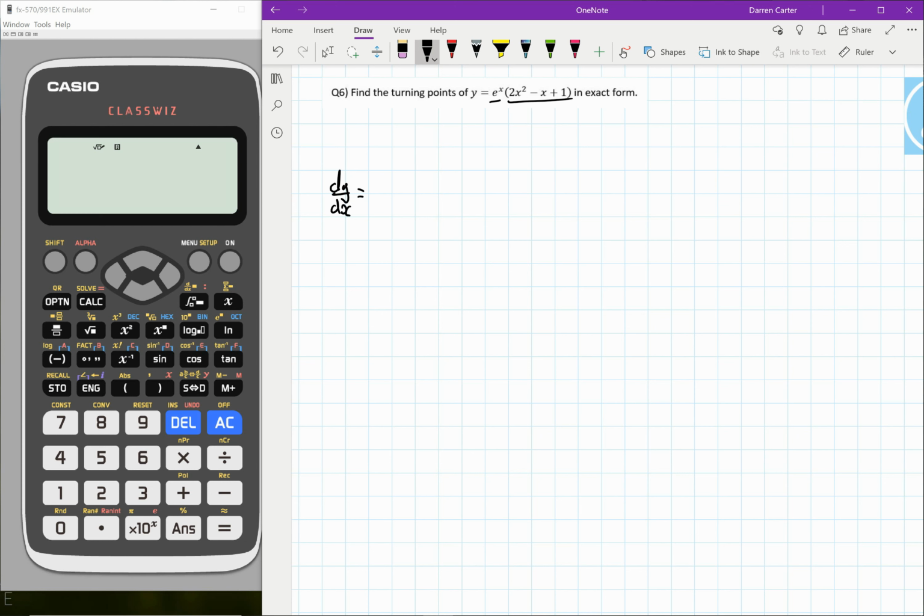So immediately I'm thinking product rule. Differentiate the first thing. e to the x stays the same, so it's just e to the x. Leave the second term alone. Then reverse that. Differentiate the second thing, which is 4x minus 1. Leave the first term alone, e to the x.